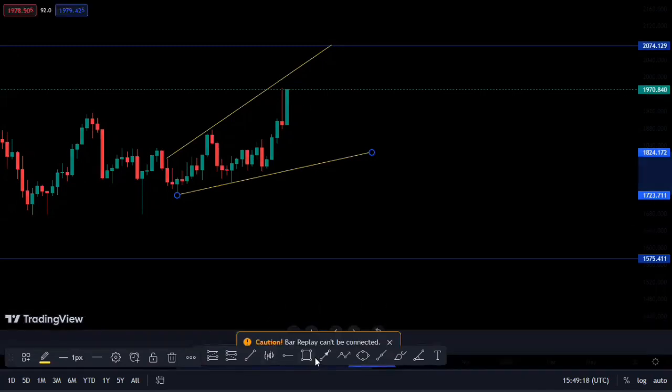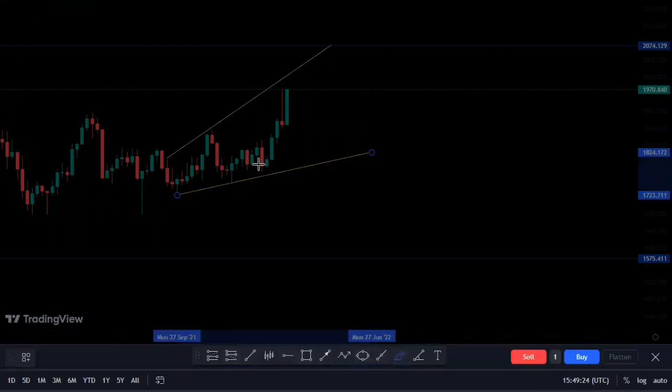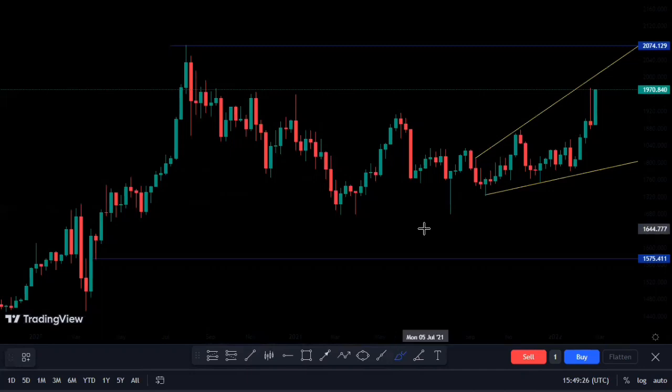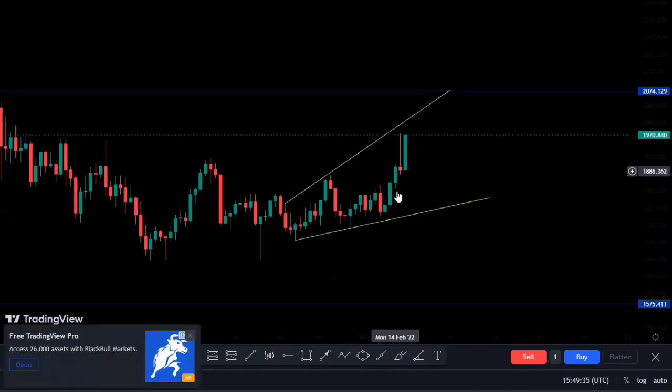Let's say this part here was a structure that we can cater for. We were going to say this is our inner structure.